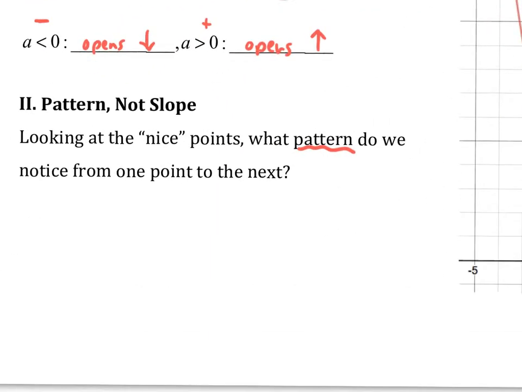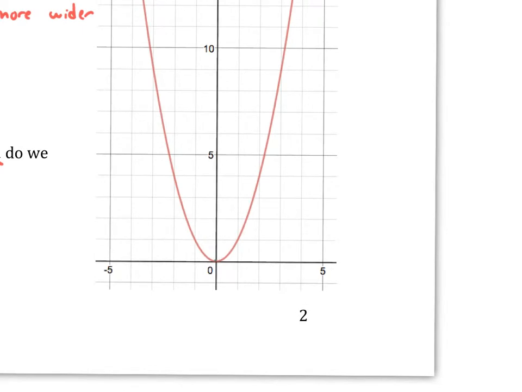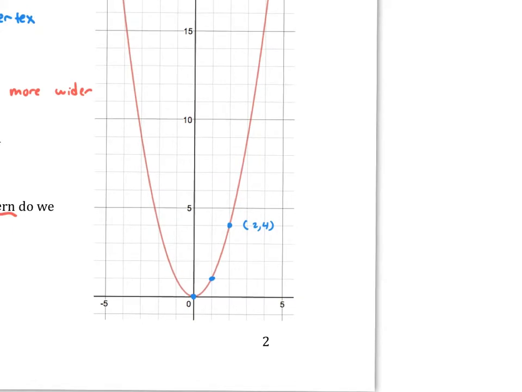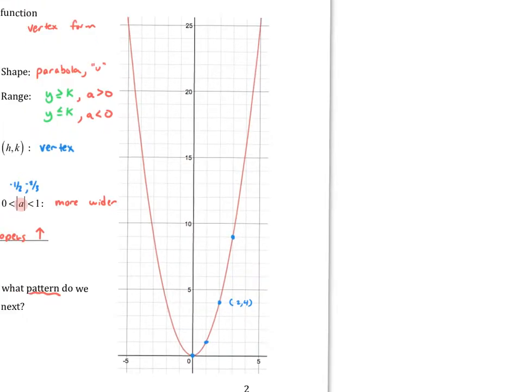So we're going to look at the nice points. What do I mean by nice points? Well, nice points are the clean points here. 0, 0, 1, 1. Up here is 2, 4, right there. And the next nice point is right here. And then there's actually another nice point a little bit higher at 4, 16.